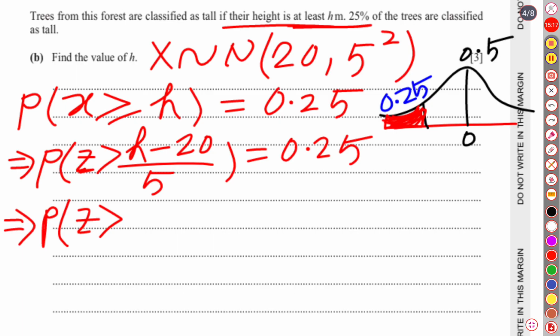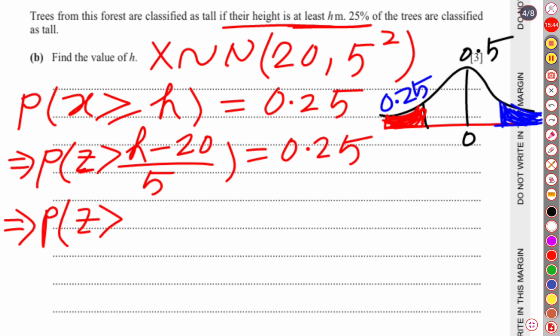Now this curve is definitely similar to this portion. Look at this red shaded region and blue shaded region, they must be equal because the graph is symmetrical. Now what will it be, as it is our z score, look at this, original probability is lying on the left side.